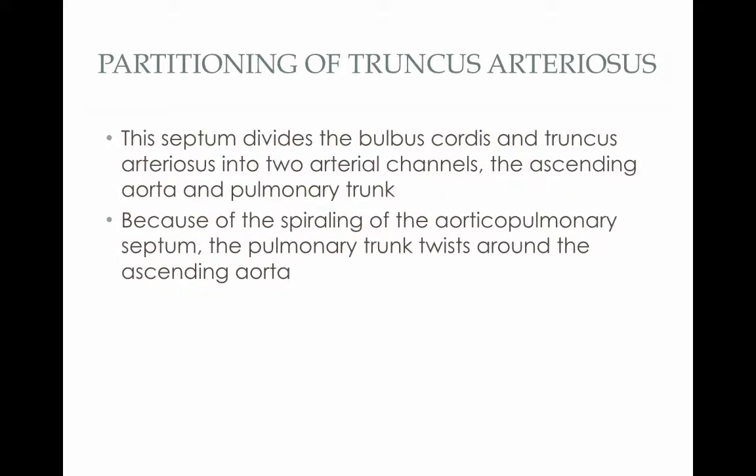This septum divides the bulbus cordis and the truncus arteriosus into two arterial channels. The ascending aorta is one of those channels, and the pulmonary trunk, or the pulmonary circuit, is the second channel. And because of the 180-degree spiraling of the aorticopulmonary septum, the pulmonary trunk twists around the ascending aorta.